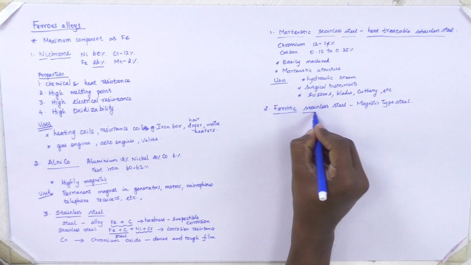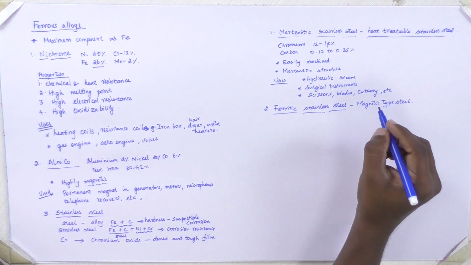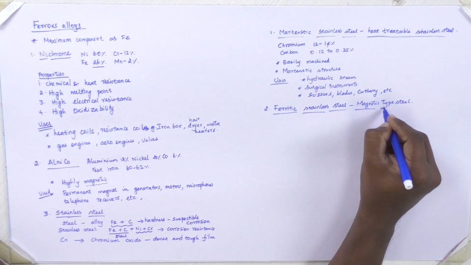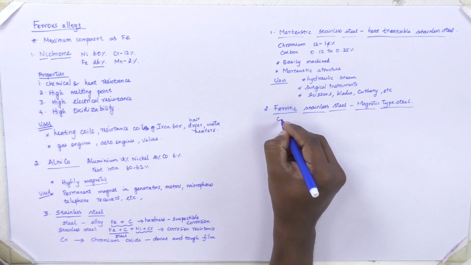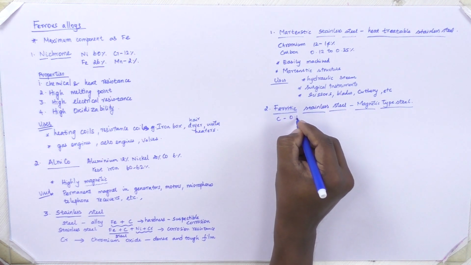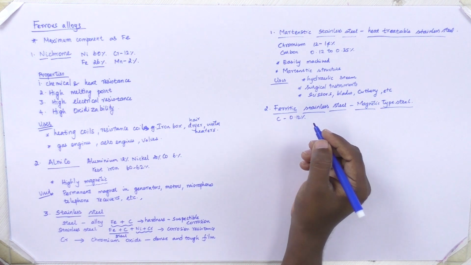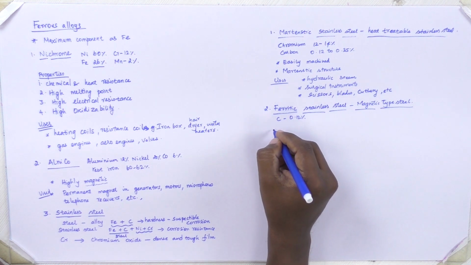So the second type is ferritic stainless steel and it's also called magnetic type steel. It possesses about 0.12% of carbon and a few percentage of chromium and nickel apart from the iron.